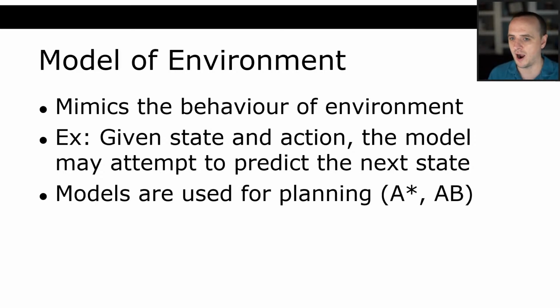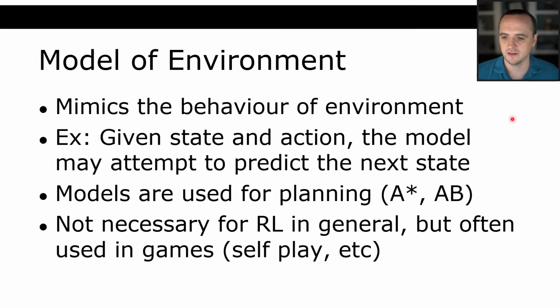Models are required for planning. They are required for these planning algorithms: alpha-beta, A star, all those algorithms we talked about before. But they are not necessary for reinforcement learning in general, but they are often used, if they can be, in order to help speed things up and help the training process.